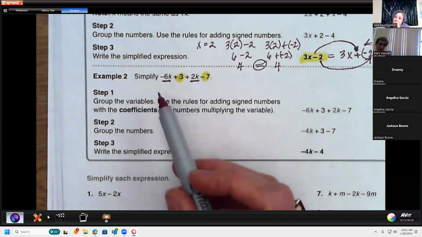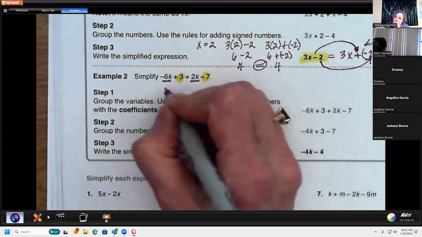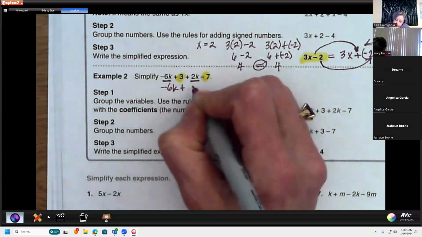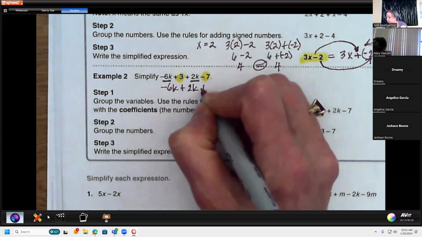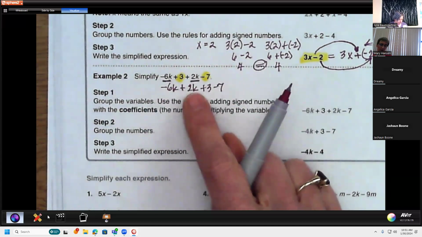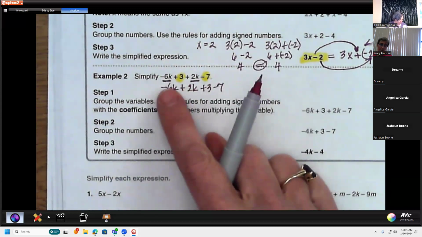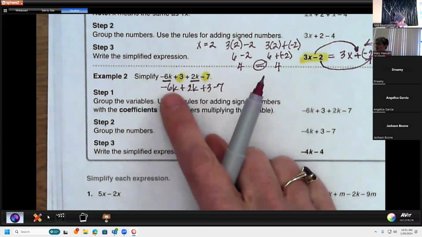So if I'm going to put together negative 6k plus 2k, I'm going to put these two together. I'm basically adding and subtracting just the number in front. Okay, we don't often talk about negative hamburgers.